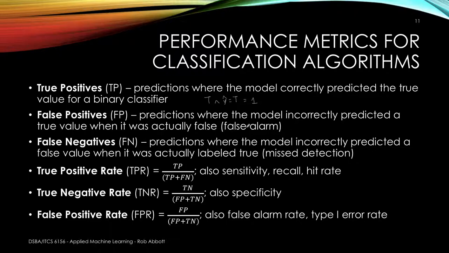So we'll talk about why I don't like this for certain cases or why I might like this for other cases. False negatives. The model incorrectly predicted a false value when it was actually labeled true. This is referred to as a missed detection. And you see these a lot when you start talking about medical diagnostic tests and things like that.